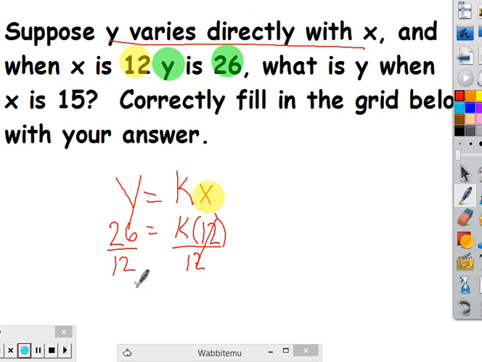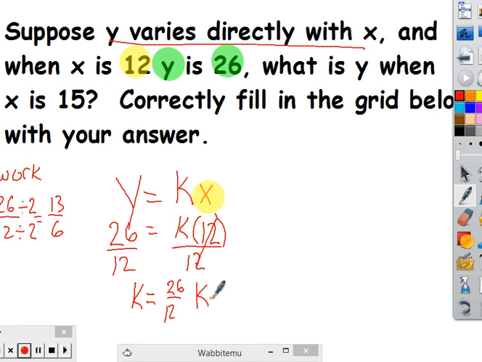And you have k is equal to 26 over 12. We can simplify that, but we cannot divide it. So we're going to go to our side work over here, and we are going to take our 26 and our 12. We're going to divide them both by 2 to make it smaller and easier to work with. 13 over 6 is what k is equal to.